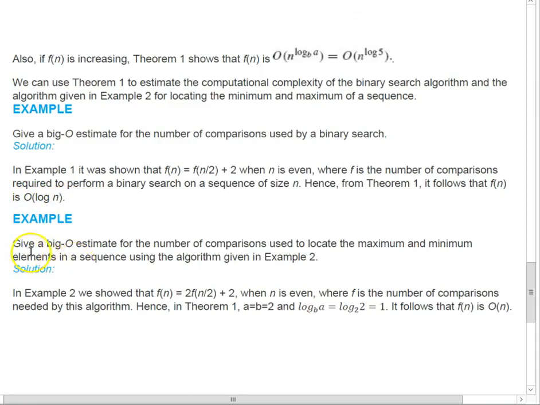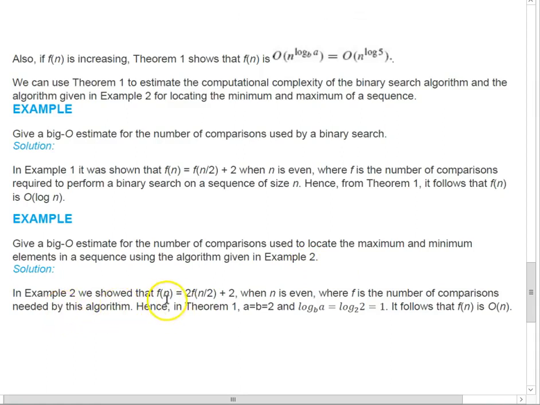In the next example, give a big-O estimate for the number of comparisons used to locate the maximum and minimum elements in a sequence using the algorithm from example 2. Solution.